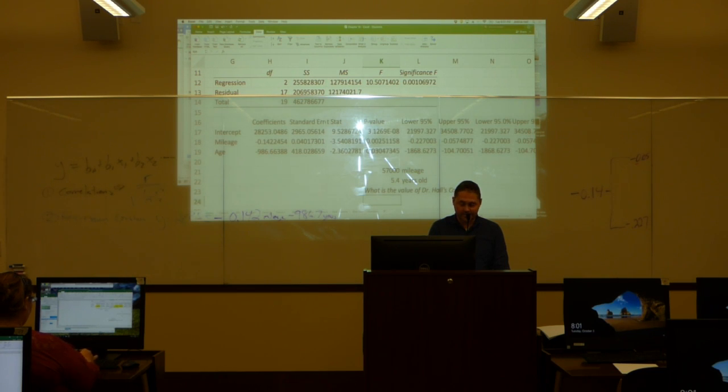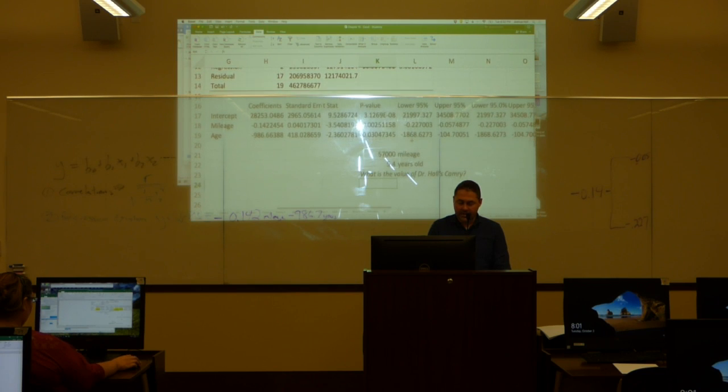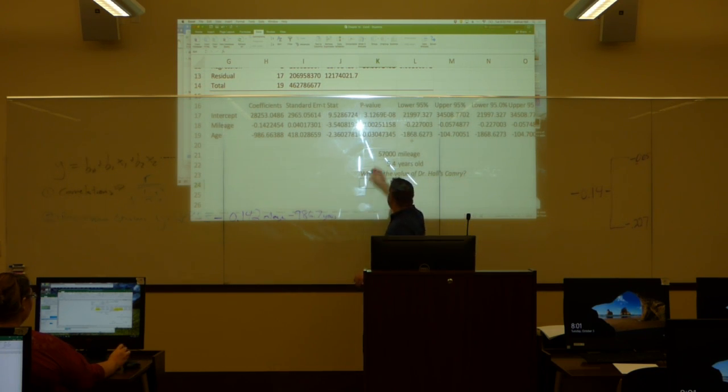How would I get this? On your homework and everything else, these are the X's that I give you for a specific car. What is the value of Dr. Hall's Camry?